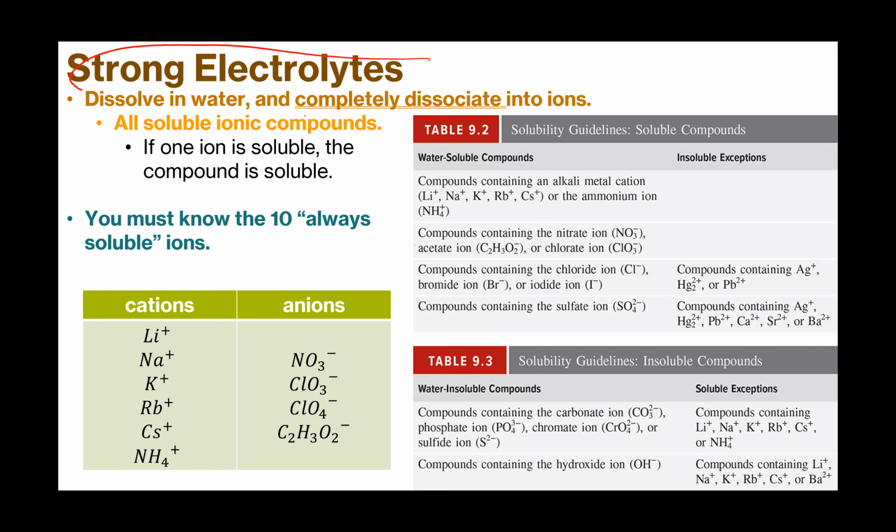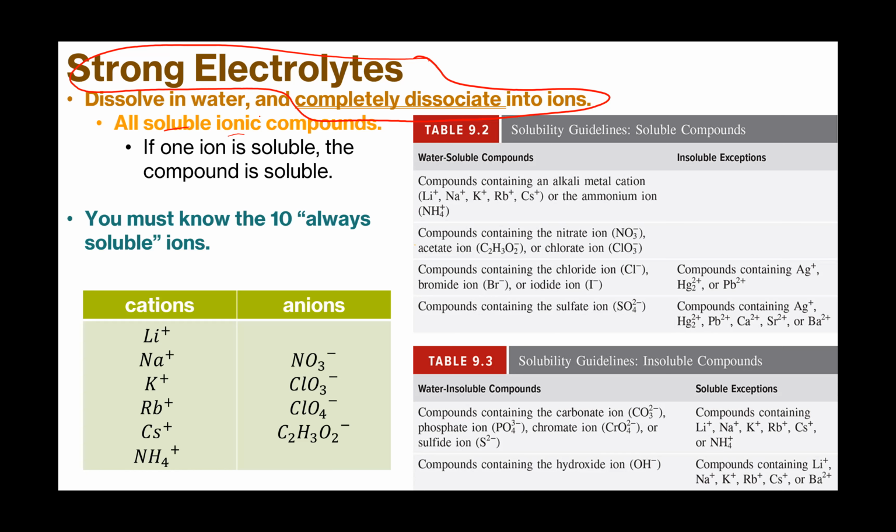Our strong electrolyte completely dissociates into ions, and this is all soluble things in water. So if you're an ionic compound and it's soluble, it's a strong electrolyte. We're going to use our solubility guidelines to determine what things are soluble or not soluble.